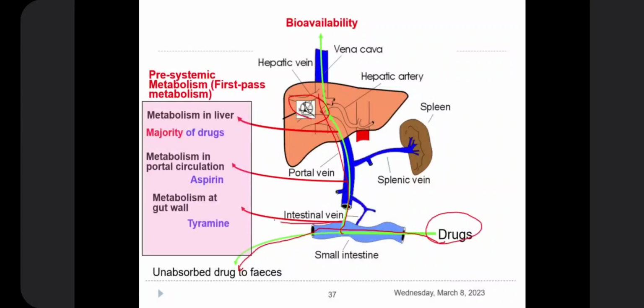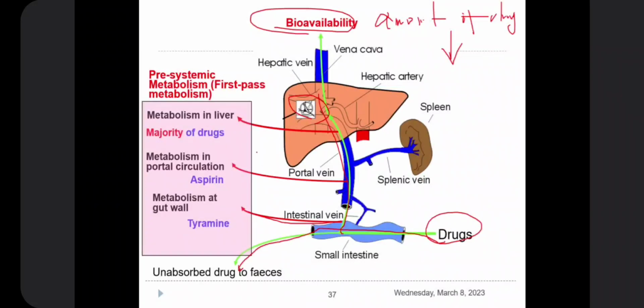You can see, it metabolizes some, and metabolizes some more, and here it metabolizes most of the drug. And through the whole process, finally the amount of drug into the circulation will decrease.